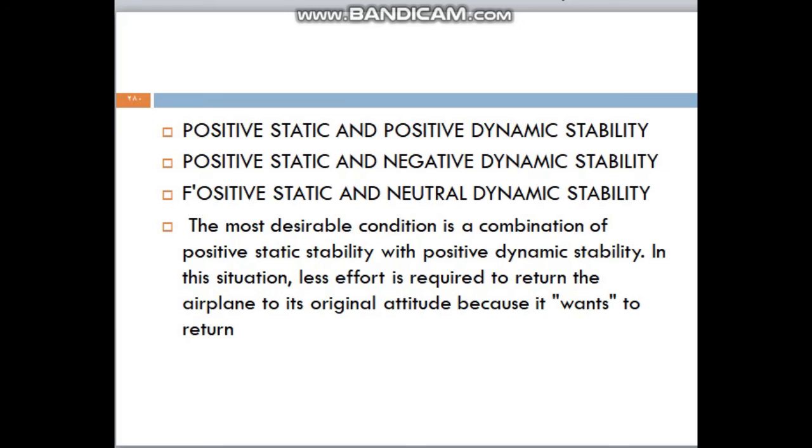The most desirable condition is a combination of positive static and positive dynamic stability. In this situation, less effort is required to return the airplane to its original attitude because it wants to return.